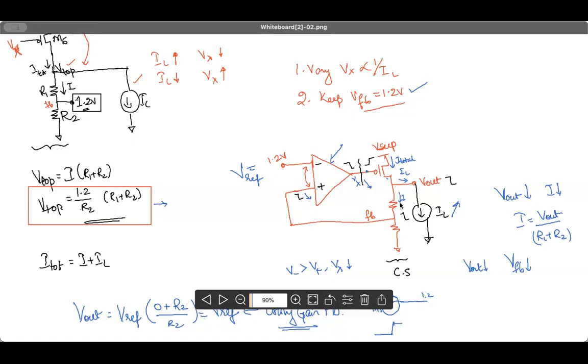If IL varies, Vx also varies here. So we could achieve both things. One, this constant 1.2 volts at FB. Second, a Vx variation inversely proportional to IL. And clearly we understood that the VTOP voltage or Vout voltage here would be 1.2 by R2 into (R1 plus R2). This is the equation for the Vout.